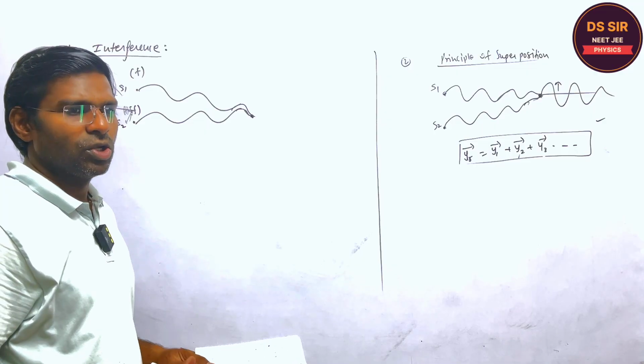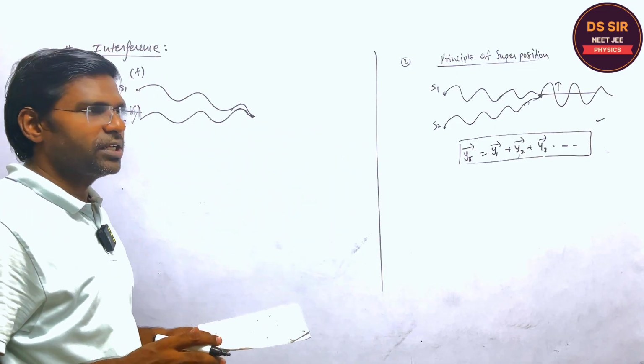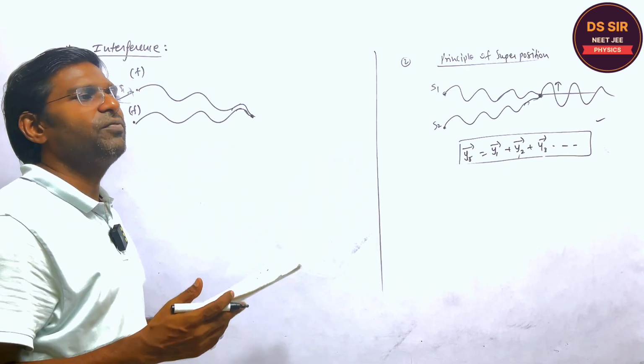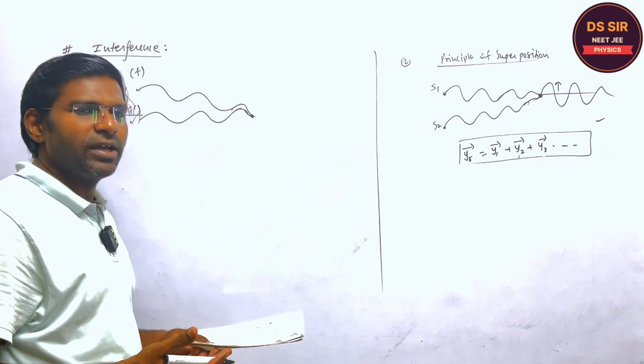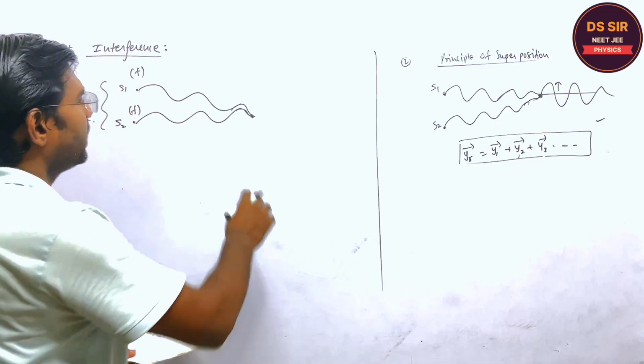So the intensity is not uniform in the medium. Somewhere it is maximum, somewhere it is minimum. This type of phenomenon is called interference.